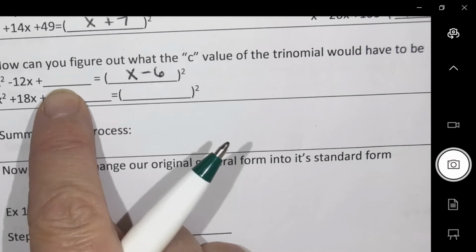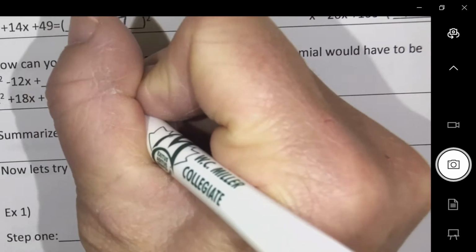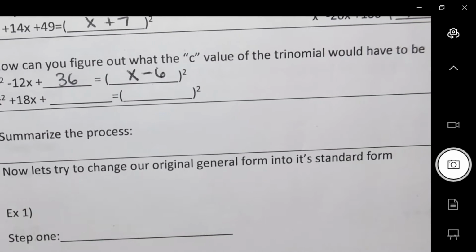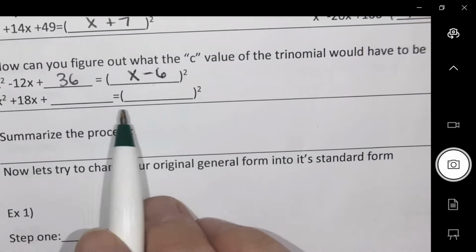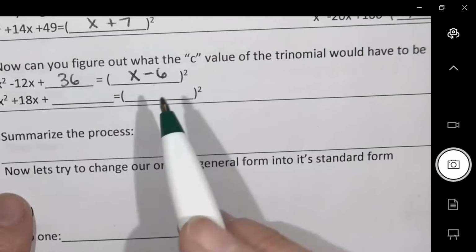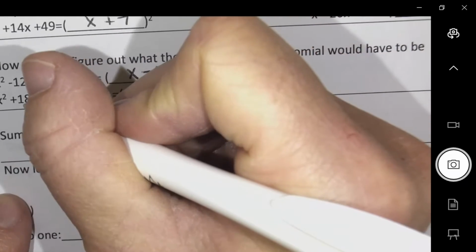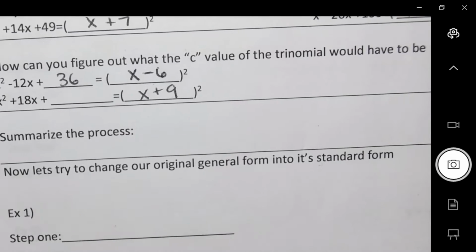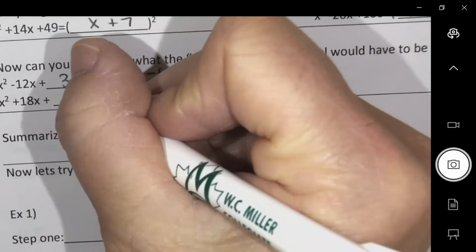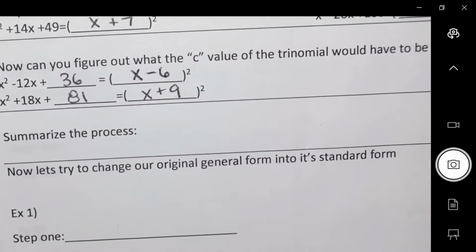So then the end would be a 36. So if I think about my bracket number on the next, x plus 9 is because plus 9 does the doubling to 18, and then 81.